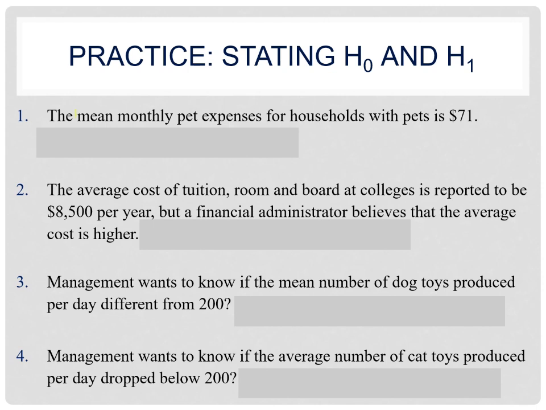Right now, I can say I am testing the mean. I know that because it talks about the mean. Okay, it'll talk about mean, it'll talk about average. Those will be the type of things that I will hear in the question to tell me that it's the mean or the proportion. Now, again, in real life, in real practice, you would know what it is based on your own data.